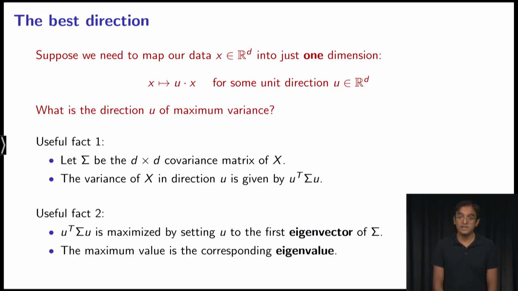And when a matrix has these kind of nice properties, it has associated with it a set of d special directions called eigenvectors, along with a set of numbers called eigenvalues, positive numbers, that tell you the stretch of the matrix in each of those directions. Okay, so this all sounds rather mysterious right now, and it will hopefully make sense in a week or so.